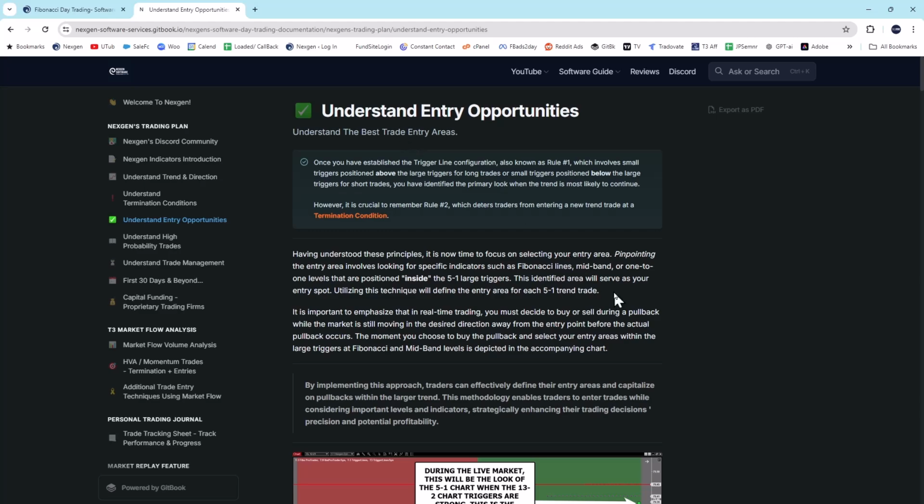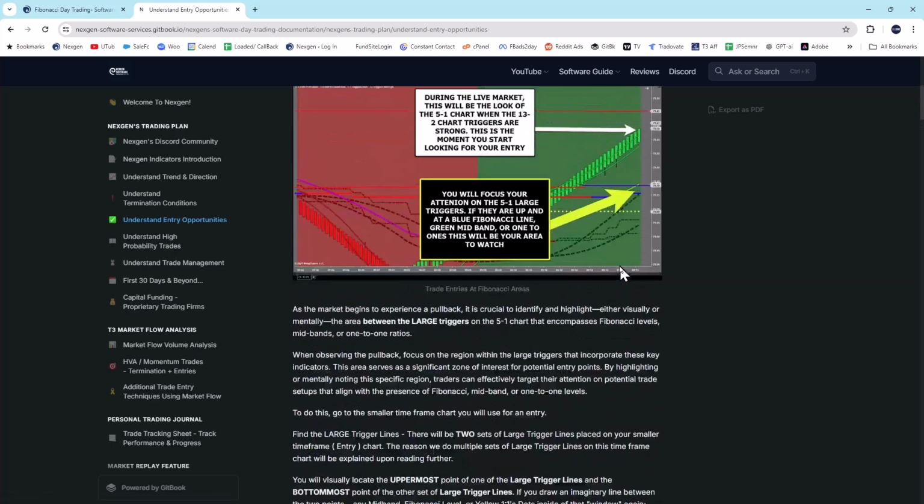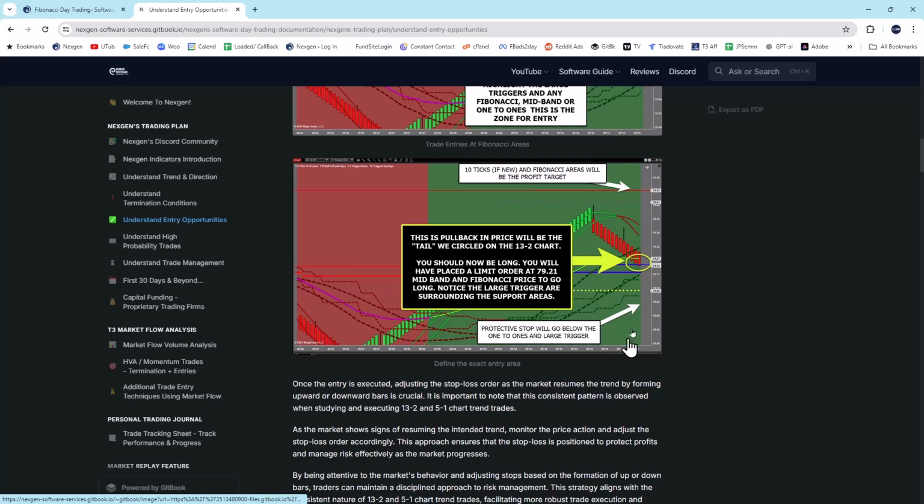Trend trades are a really good spot for new users to start off because everything is going your way. When you're doing a trend trade, we're trying to get in at support when the larger charts are telling us it's going to go up, based on our trigger lines.